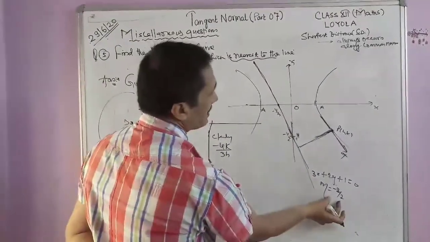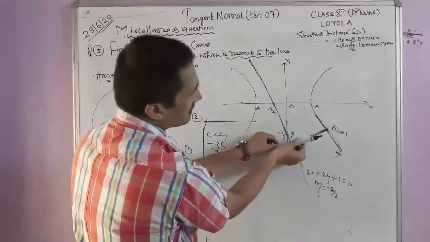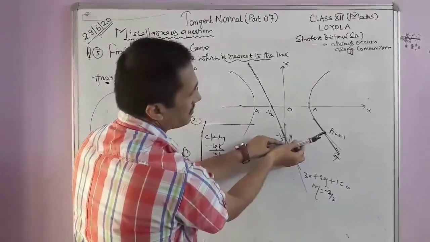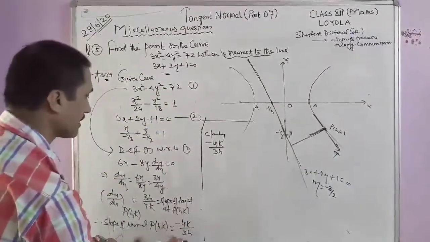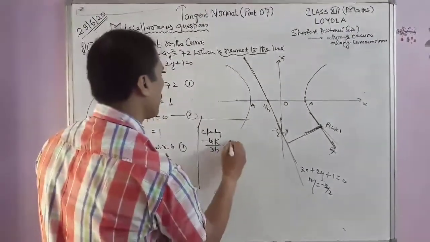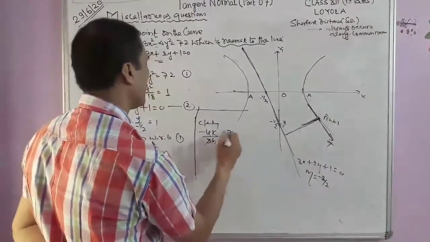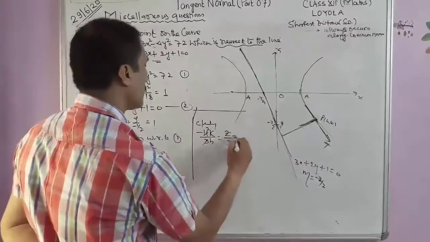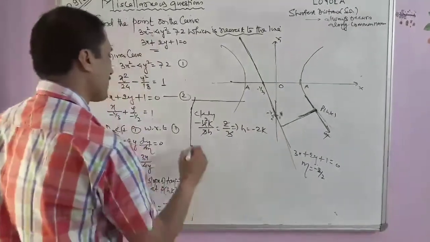The slope of this line is minus 3 by 2, so the slope of the normal is its negative reciprocal, 2 by 3. Here the slope of the normal is minus 4k by 3h equal to 2 by 3. Cancelling 3 and 3, 2 and 2, this gives h equal to minus 2k.